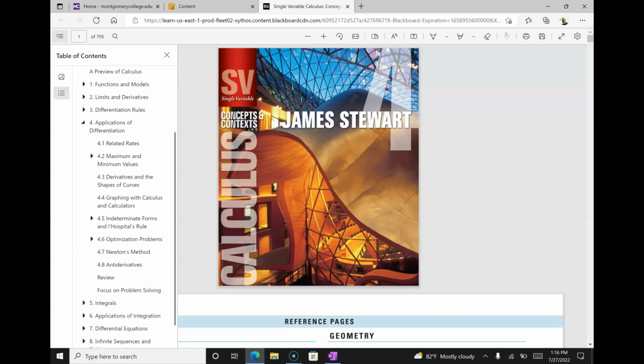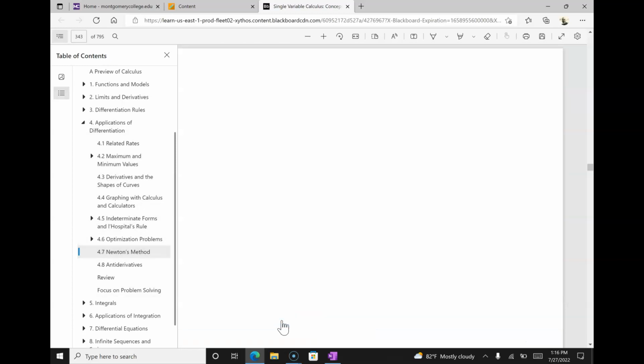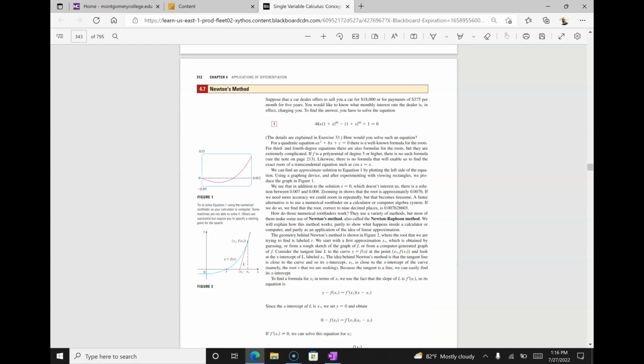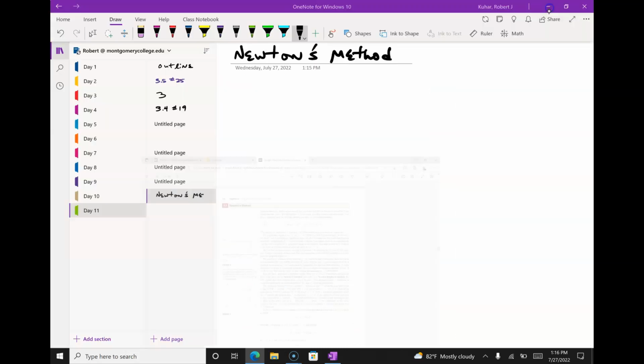And then Newton's method is 4.7. That's going to be the project only, but your first go-to is going to be read this section of the book, okay? So read 4.7 about Newton's method. Now I'm going to explain it, okay? But read 4.7.